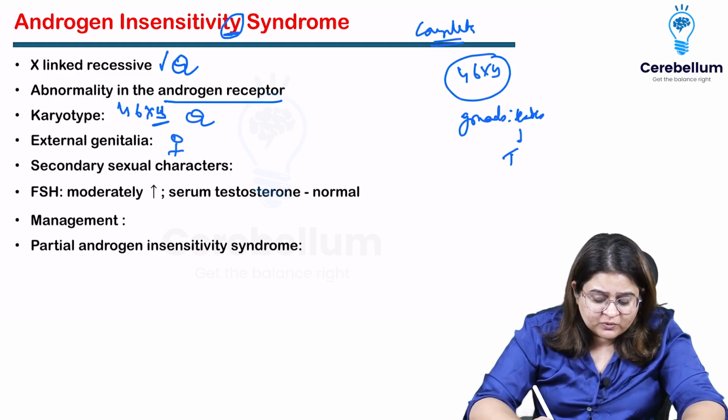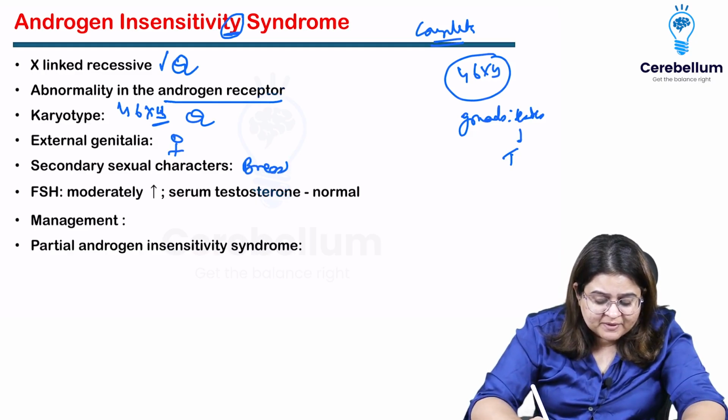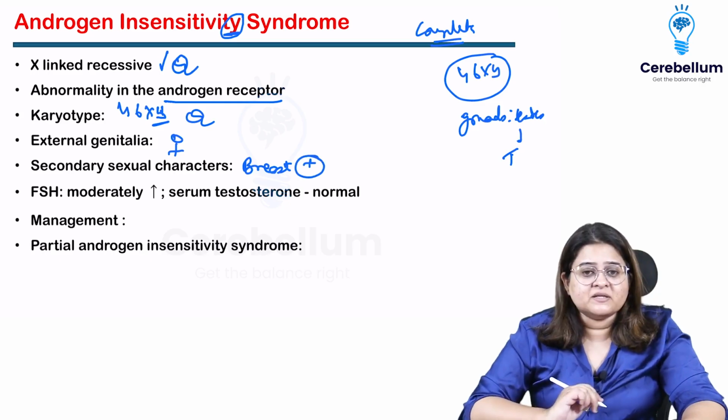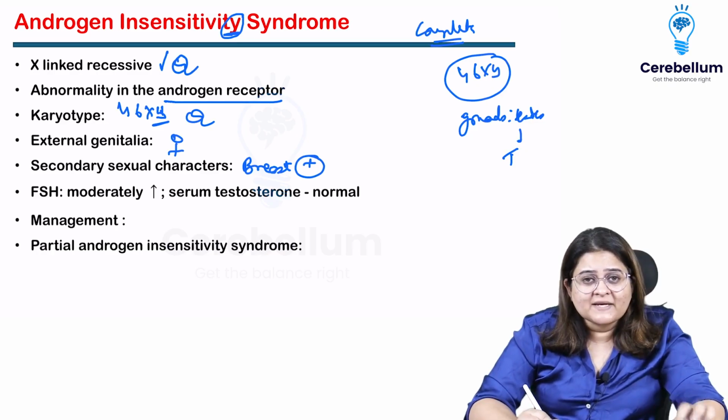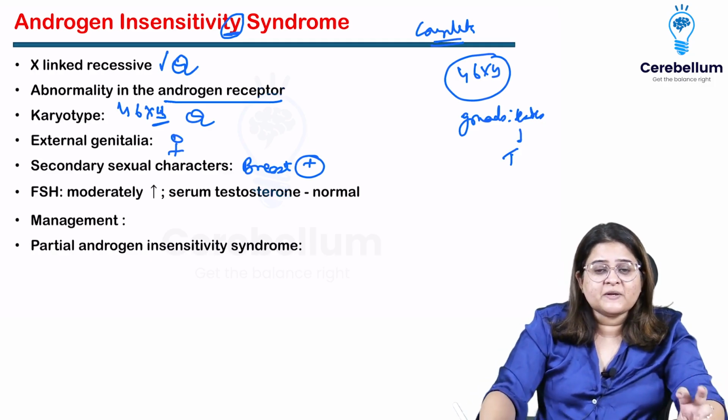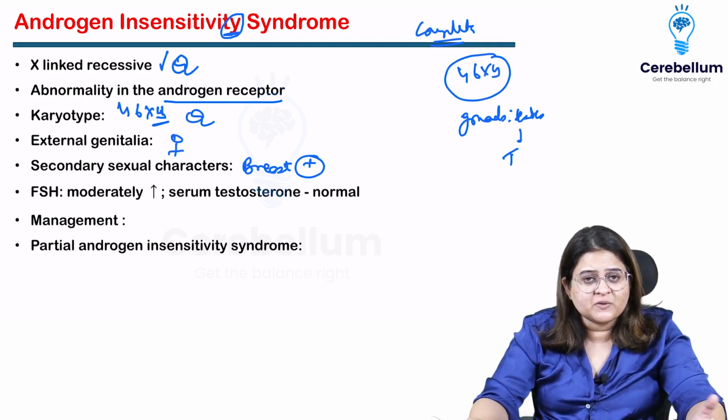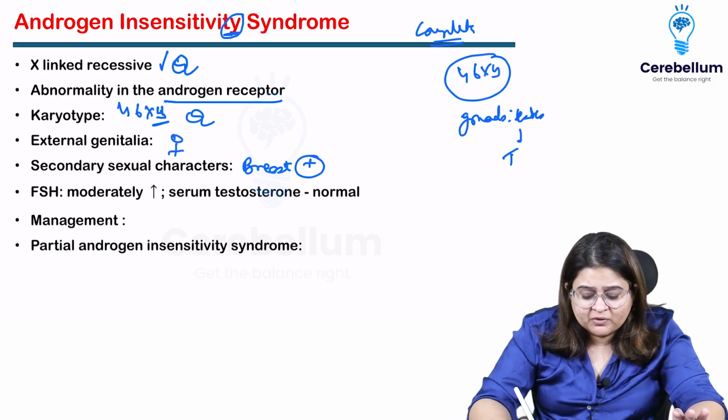Secondary sexual characters are going to be present, but only mainly the breast. Pubic hair and axillary hair are usually absent. And why is breast development there? Because pubic hair and axillary hair are dependent on the androgen receptors. That's why they're not there. Why is breast development happening?